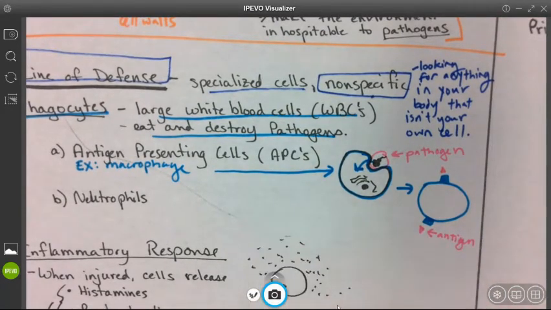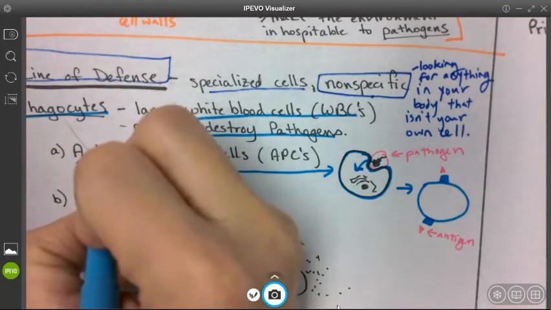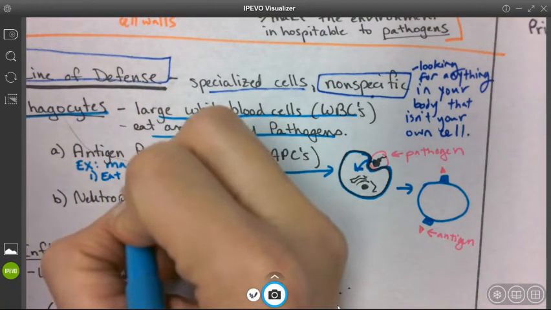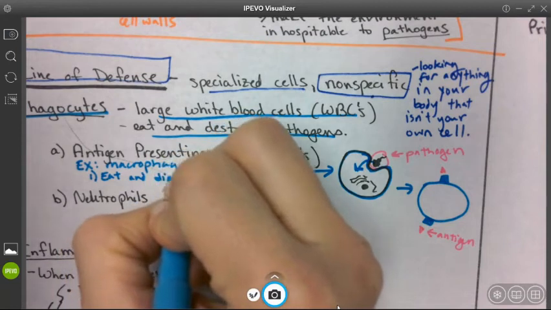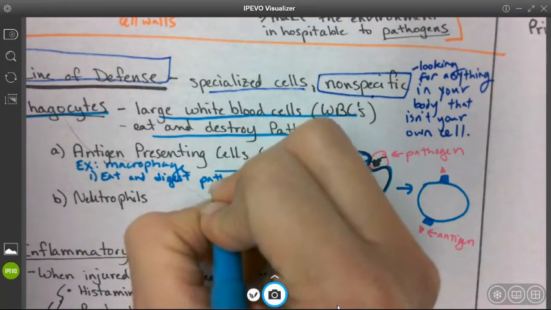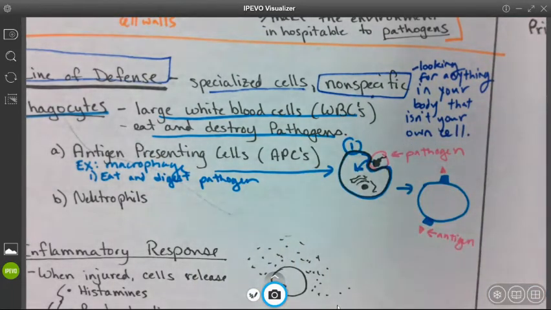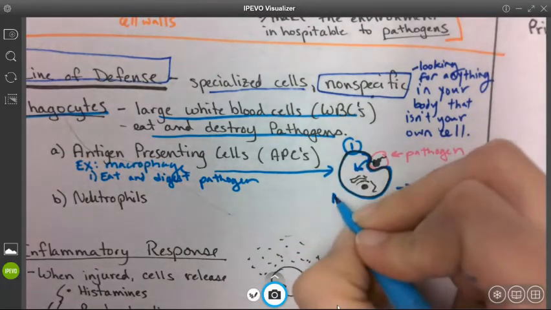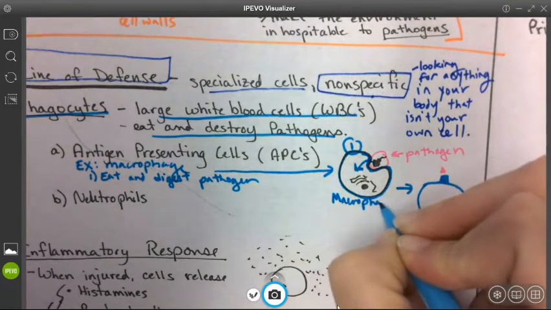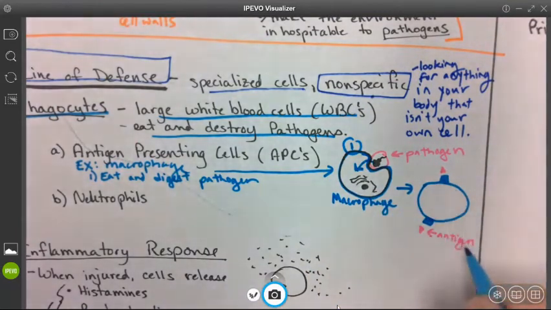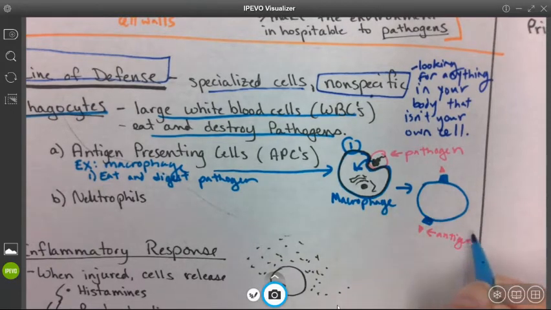So basically, let's write this out. First, the antigen presenting cell is going to eat and digest the pathogen. That's number one right here. Second, this macrophage displays the antigen from the pathogen on its cell surface.